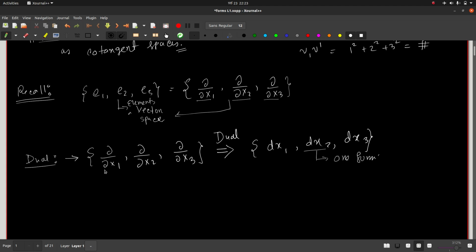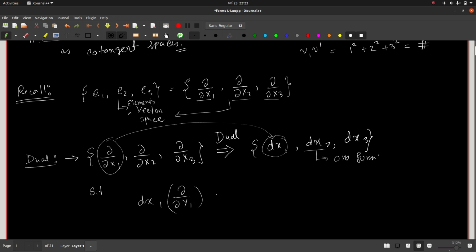Okay, so for the partial derivative with respect to the x1 coordinate, it will have a dual element dx1, such that dx1, when acting upon this operator, will give you a 1. However, if you act dx2 on the partial with respect to x3, you should get a 0.